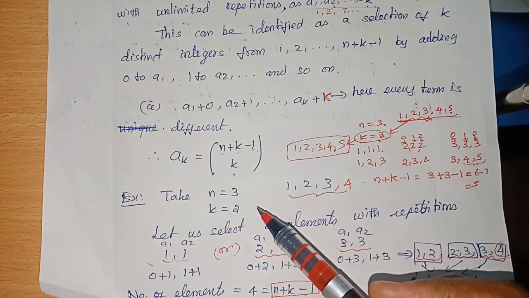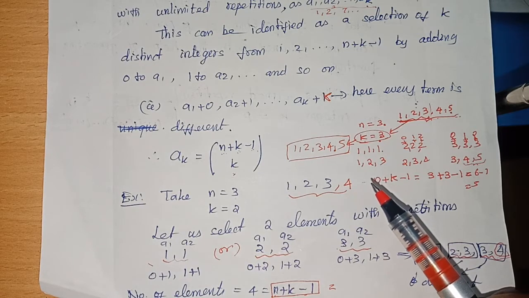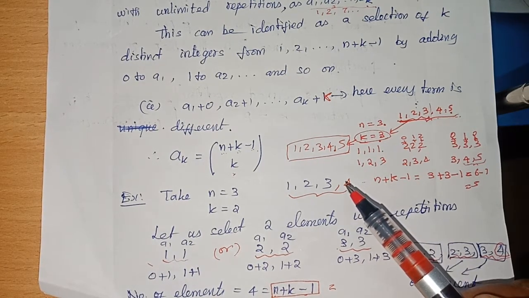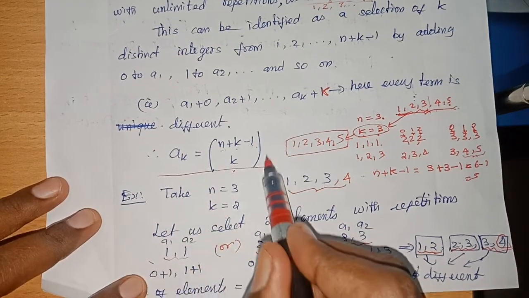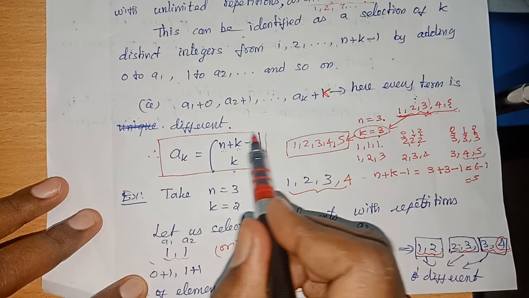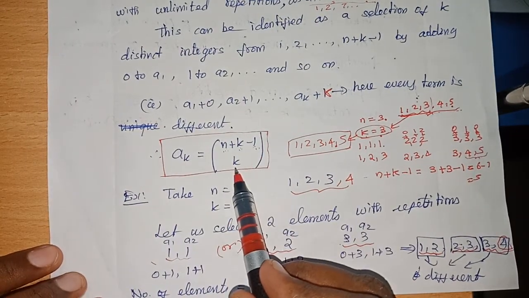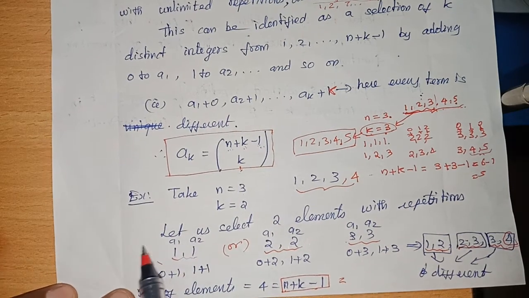My aim is to collect all possible rooted trees with the given n vertices. So I need repetition. The main thing is I am going to make use of this formula: total number of objects n plus k minus 1 with the k elements.